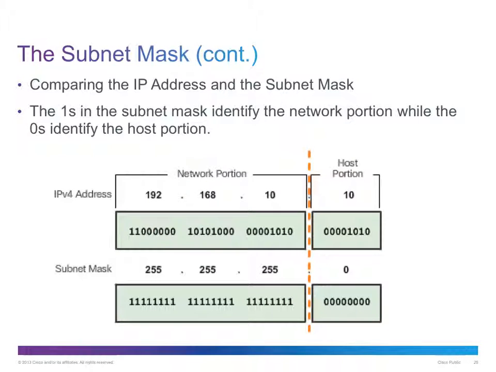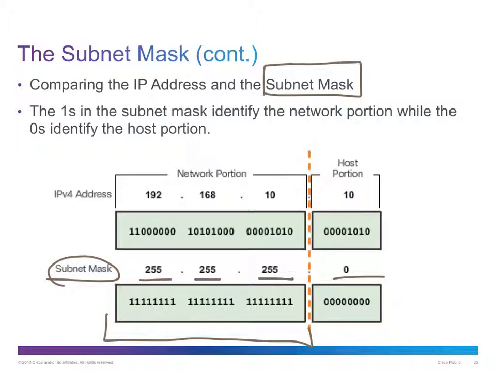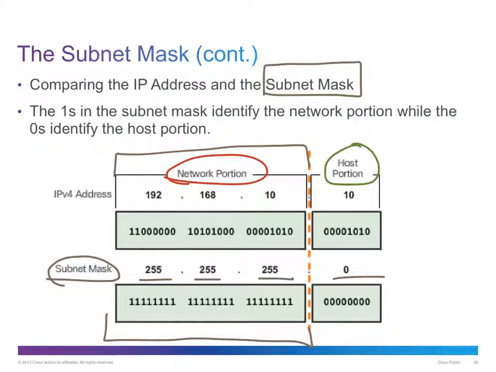Okay? Now, next key thing, subnet mask. Subnet mask, right here, 255.255.255.0. These ones indicate which part of the address is the network. This over here, everything else, is the host.